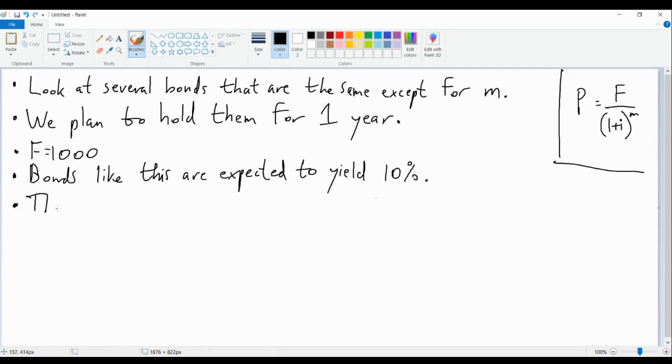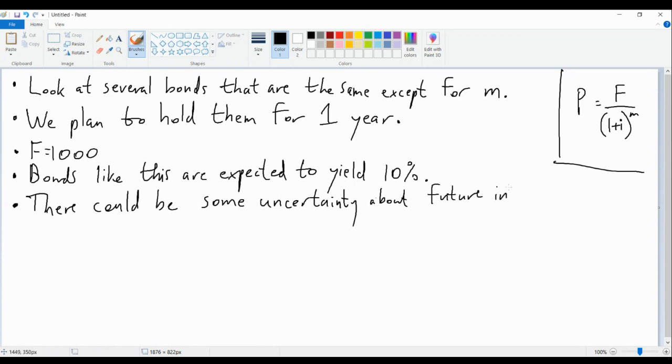And the other element that we need is that there could be some uncertainty about events. And in particular, there's going to be uncertainty about future interest rates. What we're going to do in our experiment is look at two things, because we know that people in this environment expect interest rates to be 10% now and in the future.